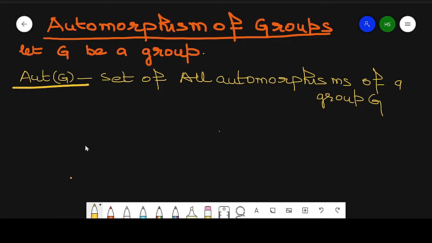The next topic is automorphism of groups. Let G be a group. Then what is the automorphism of G?